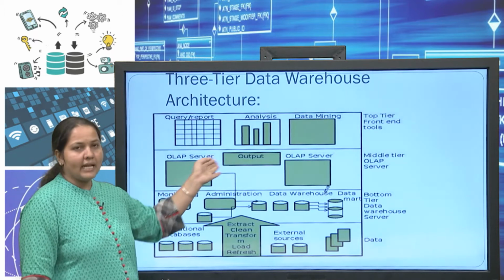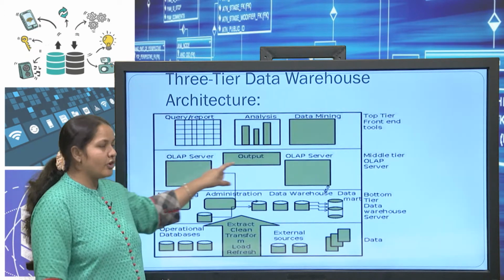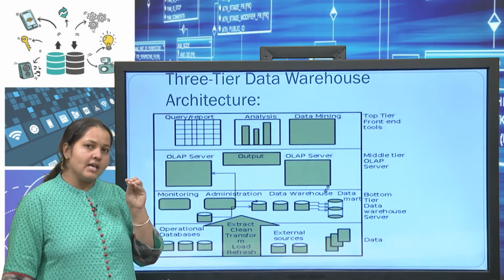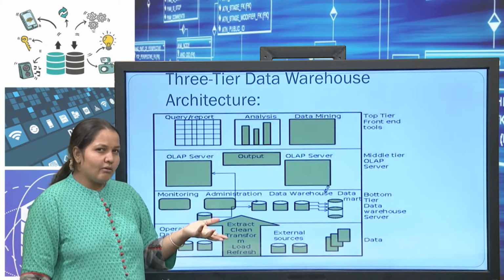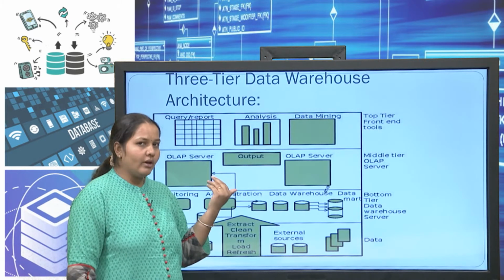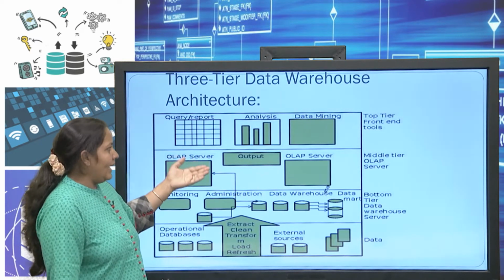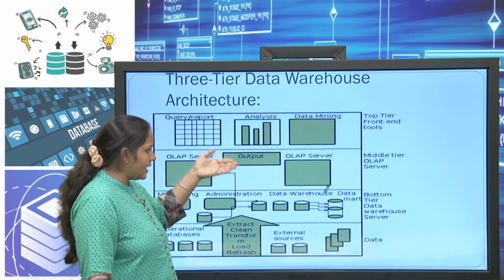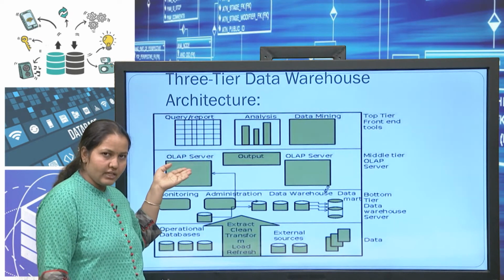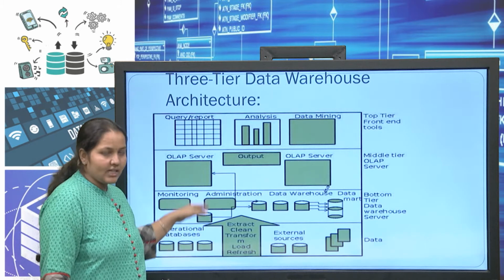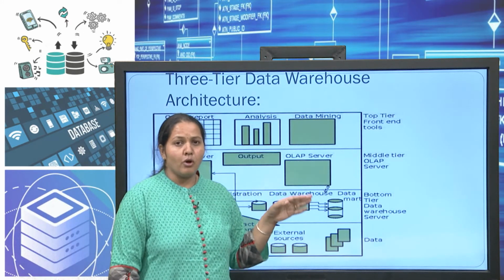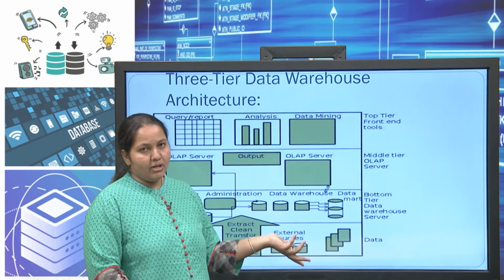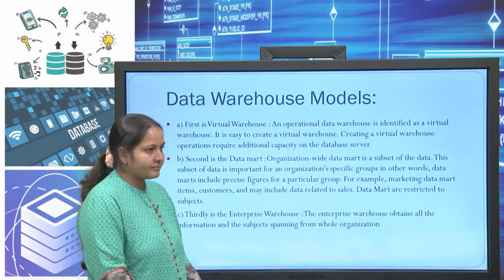Then what is the middle tier? The middle tier is your OLAP server, which designs the online processing system, that is ROLAP, HOLAP or MOLAP. And the last are the analytical tools, using which you refer to this server to make decisions from the historical and heterogeneous data sources available in your organization.